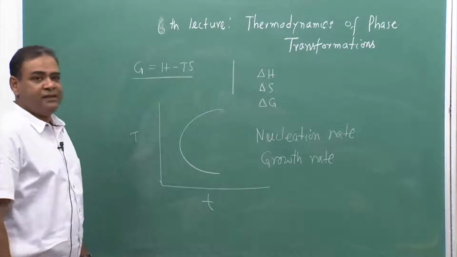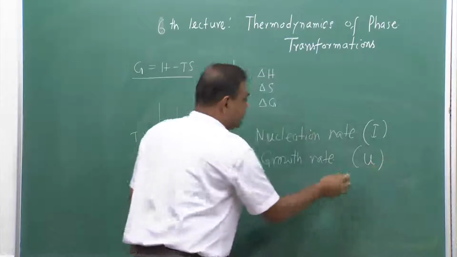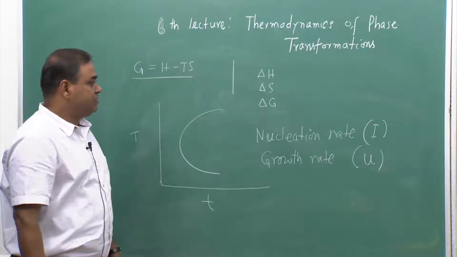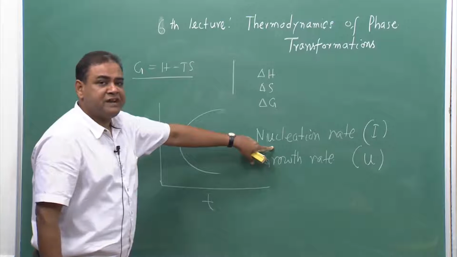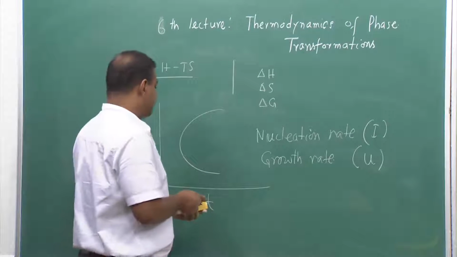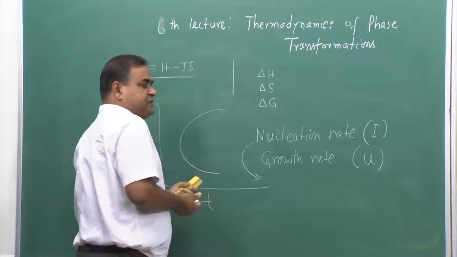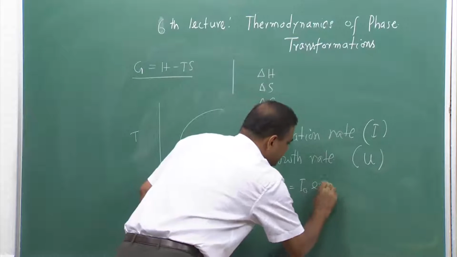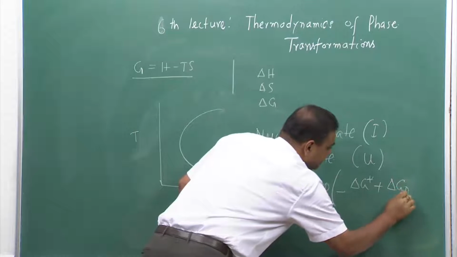You will see the notation would be U and V. U is basically the growth rate and the nucleation rate is denoted by I. Now, this nucleation rate has its own expression: I equals I0 exponential of minus del G star plus del G D by kT.